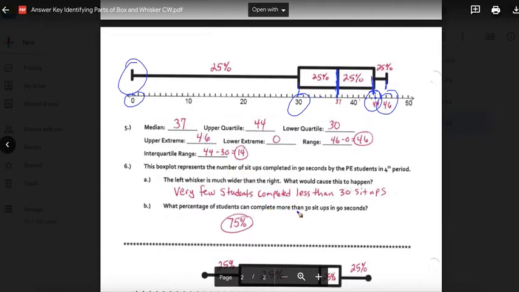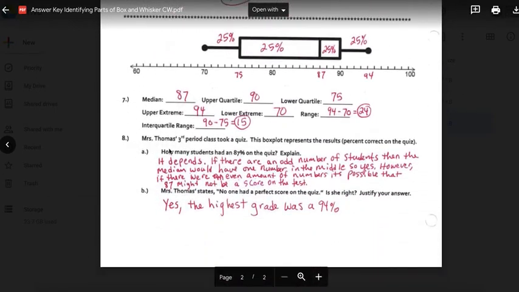And what percentage of students can complete more than 30 sit-ups in 90 seconds? So I'm looking for this part is more than 30, which is 25 plus 25 plus 25 is 75. And let's look at the last section here. Once again, I counted each part as 25%.